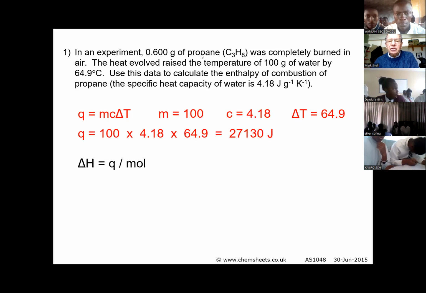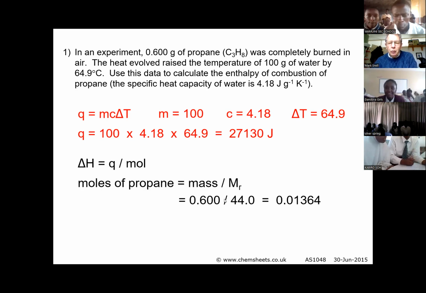It's a question of how many moles we have, because that's not moles. Moles is equal to grams over RMM. So it's the mass, which is 0.600 over 44. It's 44 because each carbon weighs 12 and each hydrogen weighs 1, so C3H8 weighs 36 plus 8, which is 44.